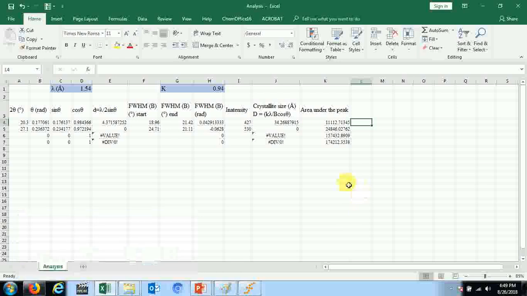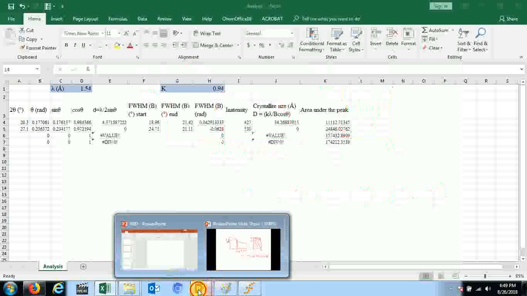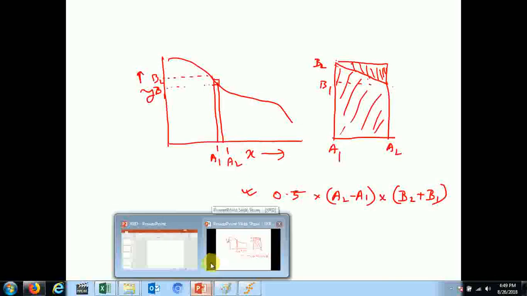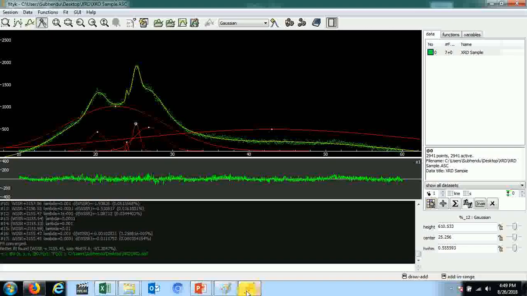Then we calculate the whole area under the peaks of the crystalline region and of the amorphous region, and take the ratio of the crystalline area to the combined crystalline and amorphous halo area. This way we can calculate different parameters and analyze the XRD graph using Fityk and Microsoft Excel. Thank you.